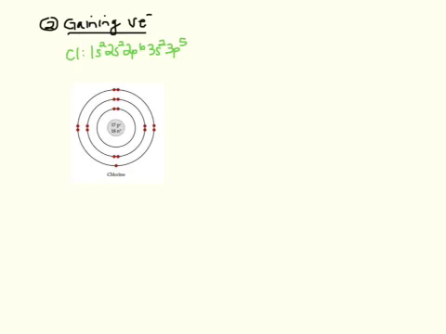All right, so let's talk about chlorine. Here's chlorine's electron configuration, and its outer energy level currently has 7 valence electrons in it. So it has 7 valence electrons, here they are, and chlorine's going to do the opposite of what sodium does. It's actually going to take an electron on and end up with an extra electron. So we'll go ahead and add the electron.